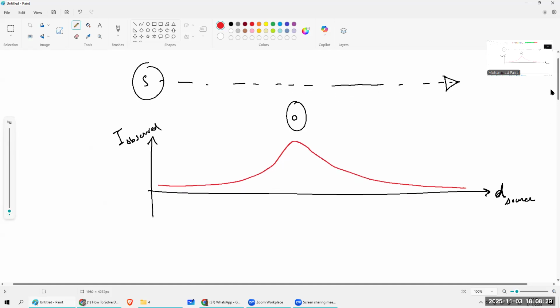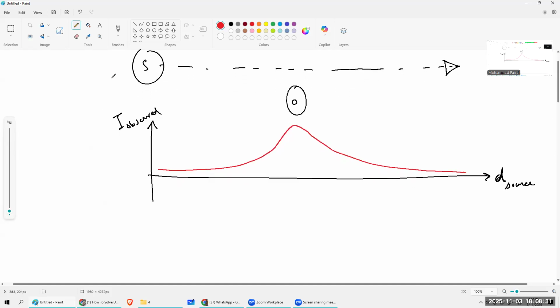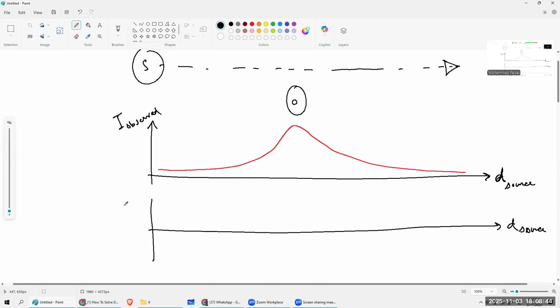But if you want to understand the idea for Doppler effect, if I want to draw the graph for frequency variation, distance covered by the source, this is the frequency observed. And this horizontal line represents the frequency of the source.